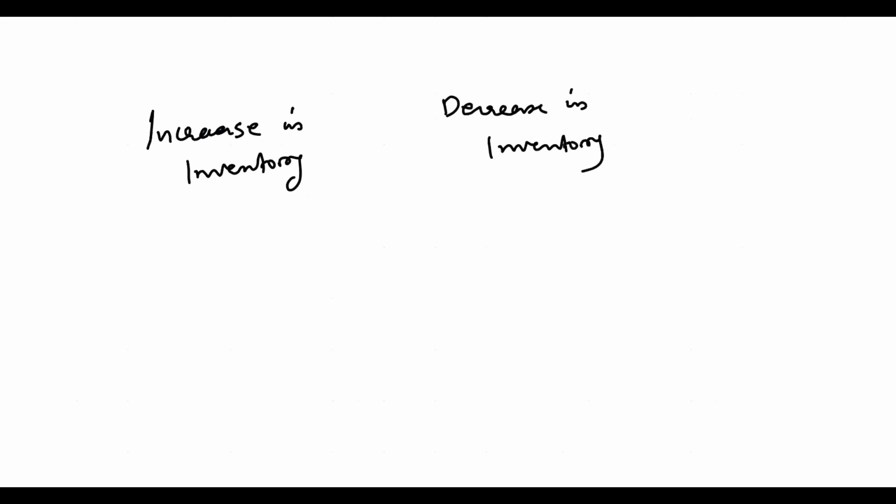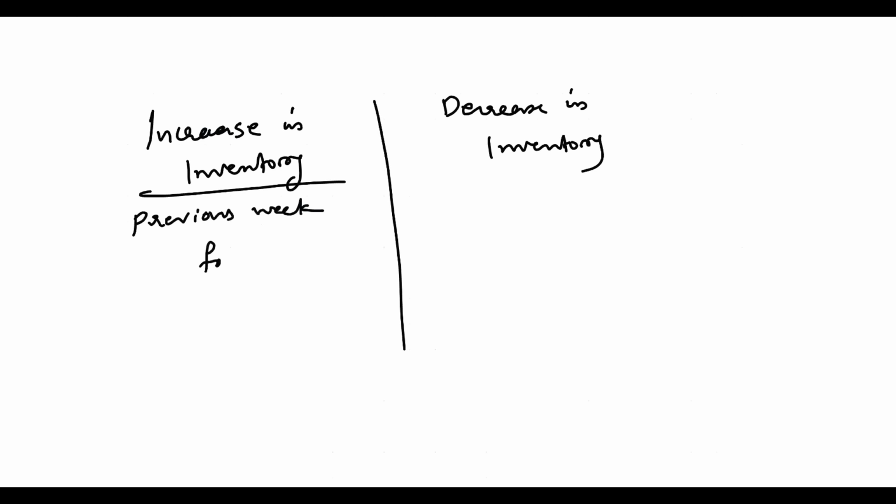What is your interpretation? Normally it is from previous week, or it can be from the forecast also. You will be getting a forecast before this data comes. So from forecast also, if there is an increase, it is still showing increase, which means demand is less.